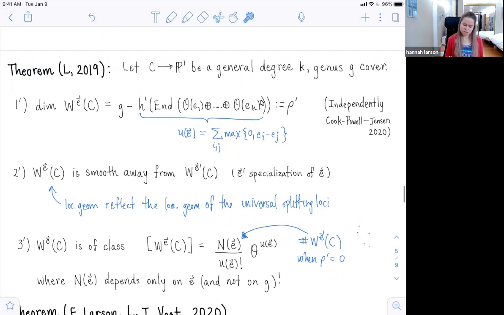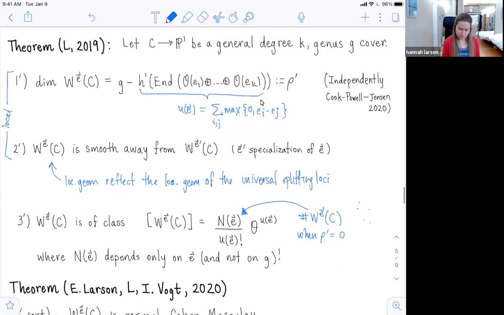And what distinguishes these questions from the results I have above is that these are questions about the global geometry of W^e, whereas these results here are about the local geometry. And we really needed new techniques to address these global questions.